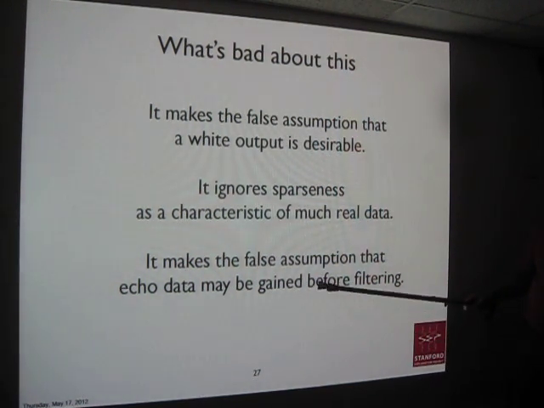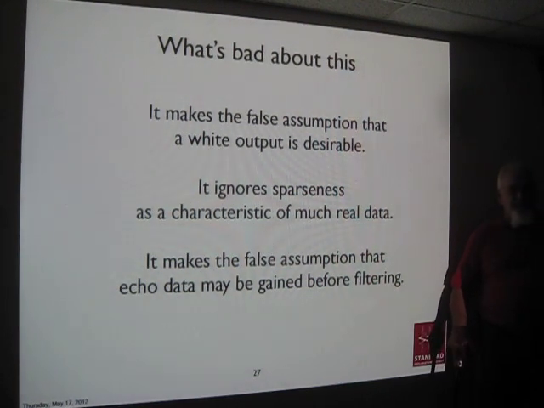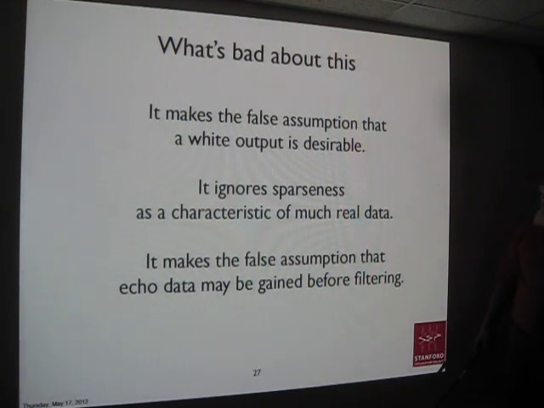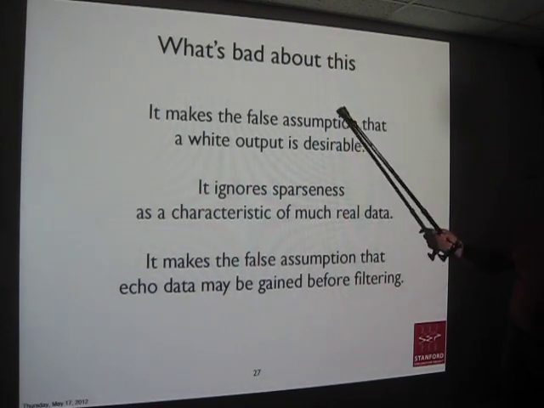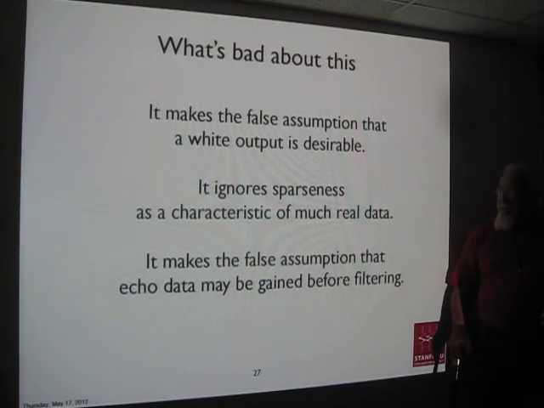And it also makes the false assumption that echo data can be gained before filtering. The data I showed you is multiplied by t squared to bring up the late times. This is an assumption that's commonly made in industry, and this assumption should not be made either. So more sophisticated theories, as in my other talk, will correct these issues.